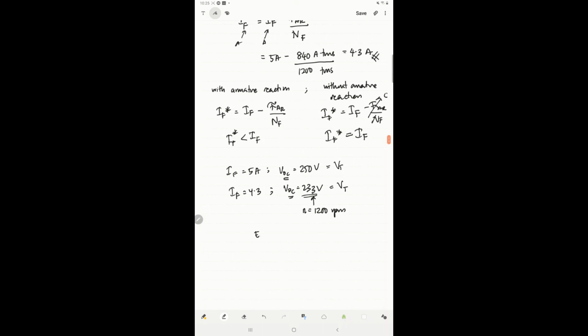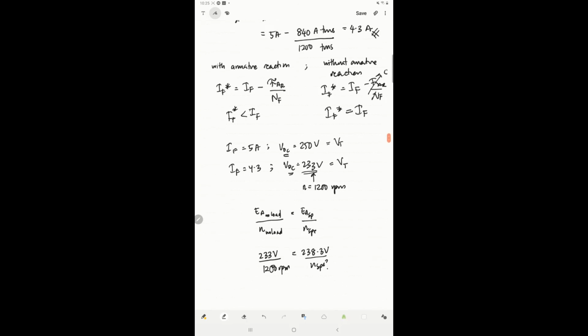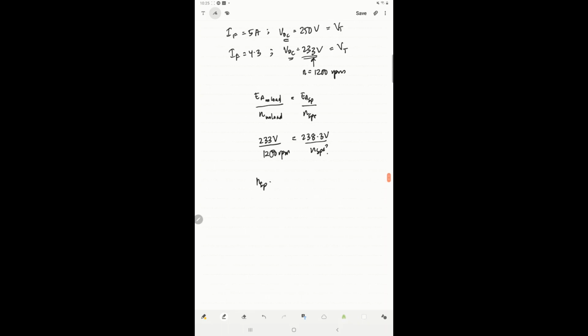So EA at no load and N at no load, and then the EA that we want to know and the speed that we want to know. EA at no load here is 233 volts, and the speed at no load is 1200 RPM. The EA that we have now is 238.3 volts, and the speed is what we want to know. So as we calculated, the speed now becomes 1227 RPM.